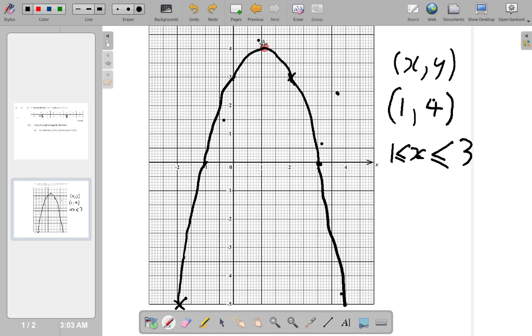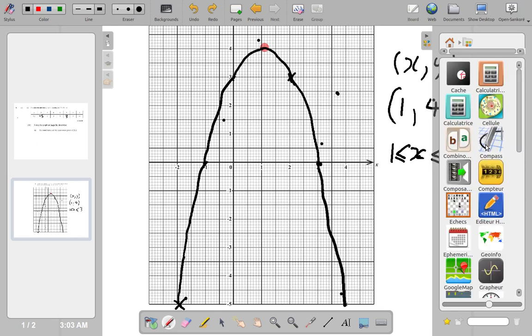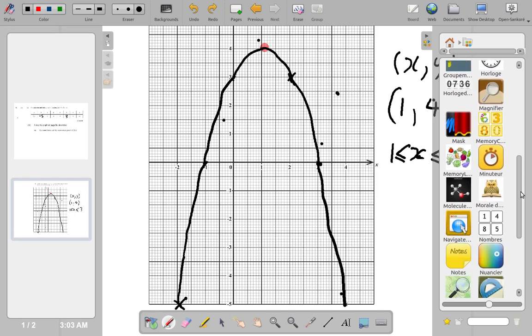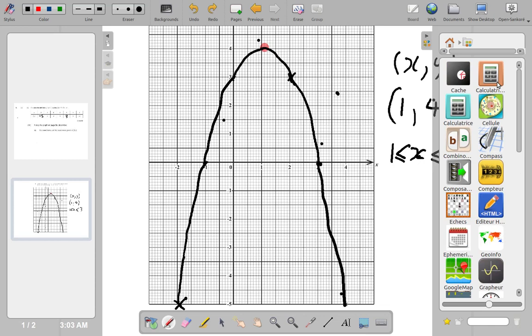The line must not cut through the curve. Alright, it must be a straight line that does not cut through the curve. So in that case, you're going to have your ruler and you place it so that you can draw a line through that point.